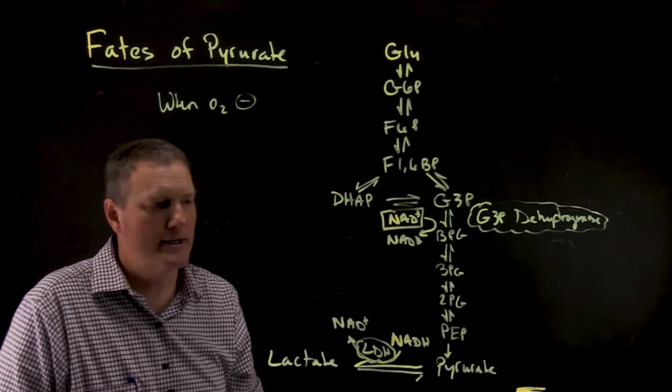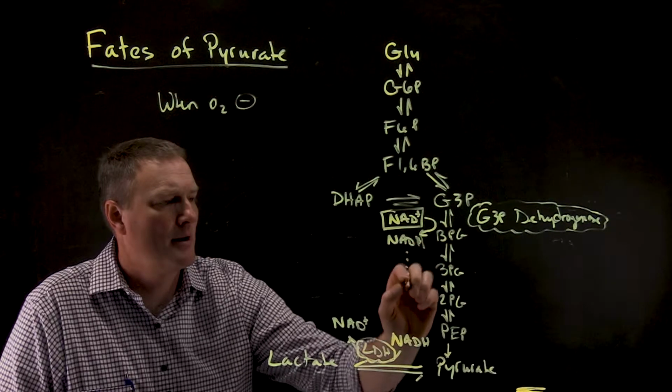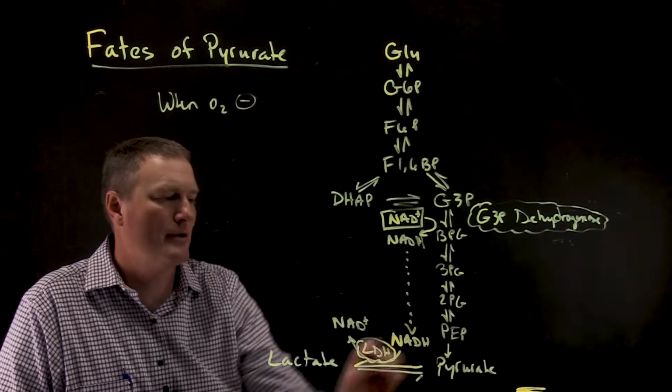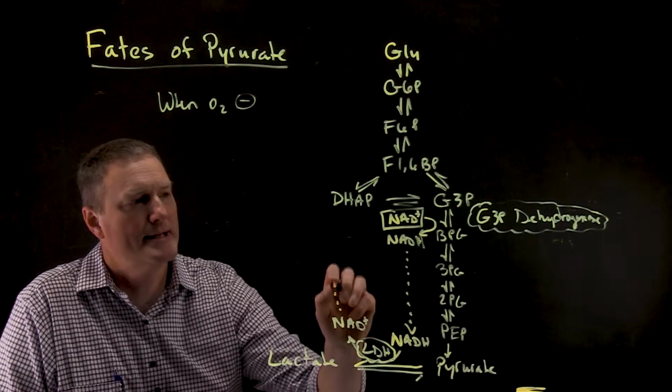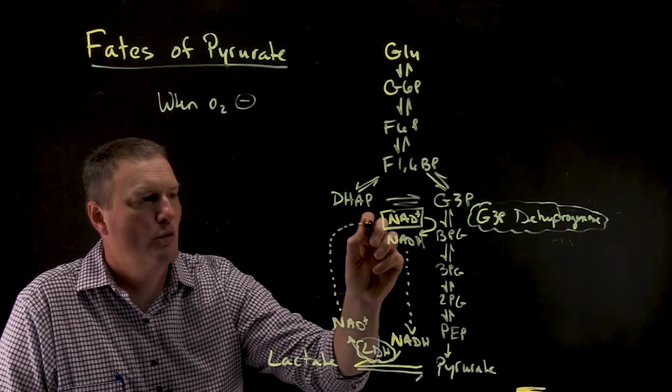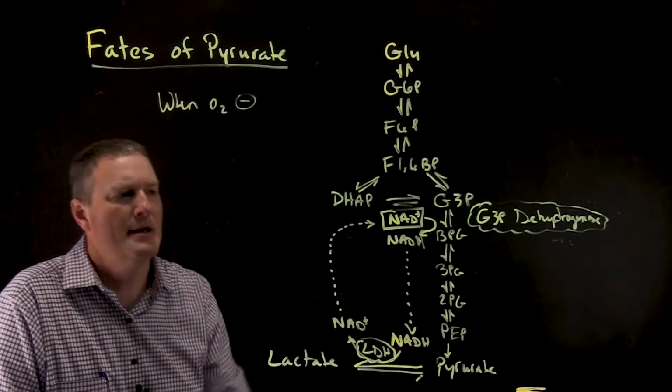So look at what happens here. The NADH that's produced in this step can now cycle down and interact with LDH, and likewise the product, the NAD+, will replenish the NAD+ that's needed to keep glycolysis going.